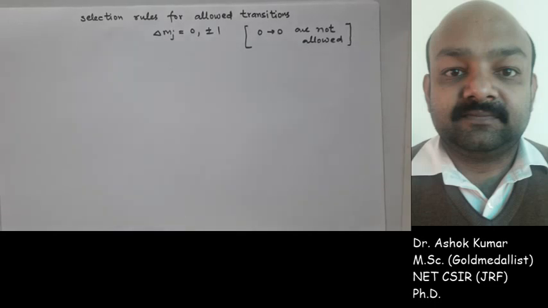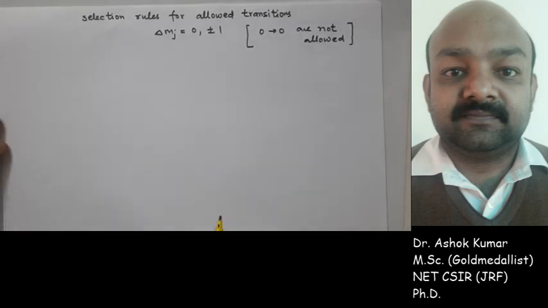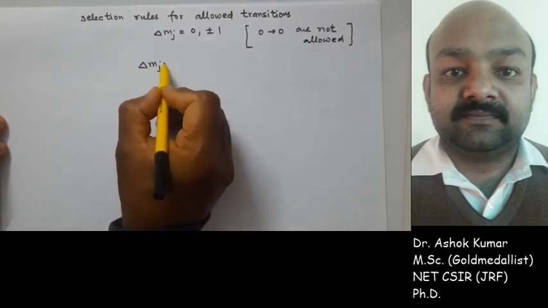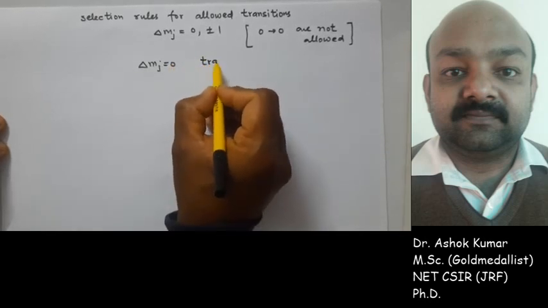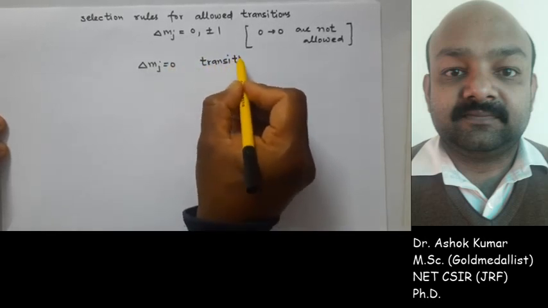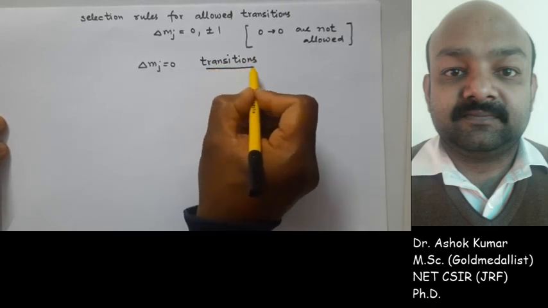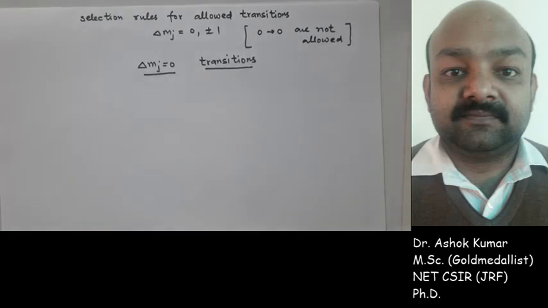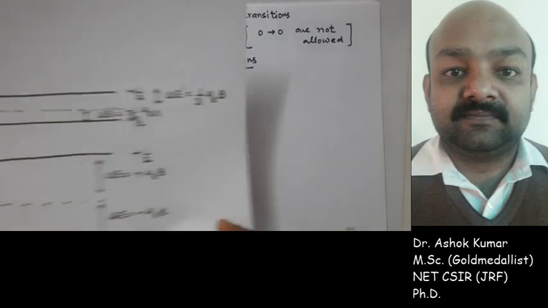Now we will see the spectra and what kinds of transitions there are. Firstly, we will see the delta Mj equal to 0 transitions, those which obey this kind of selection rule.